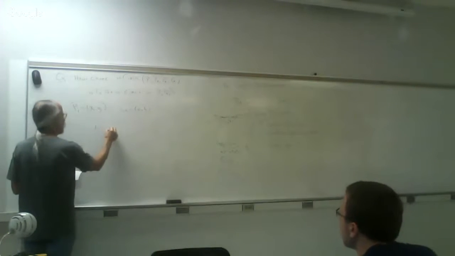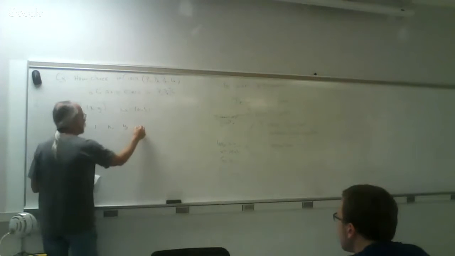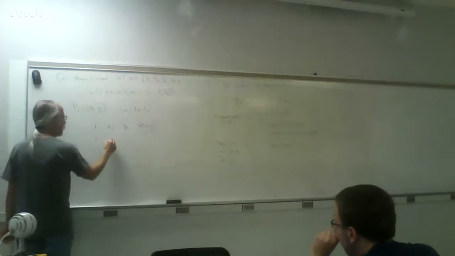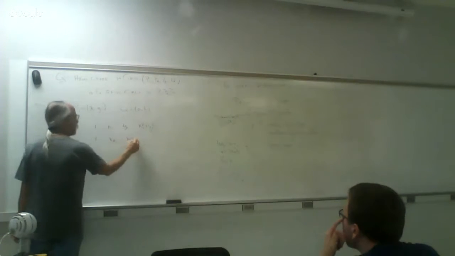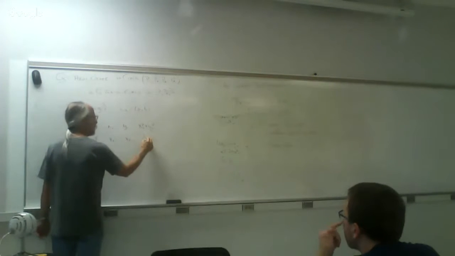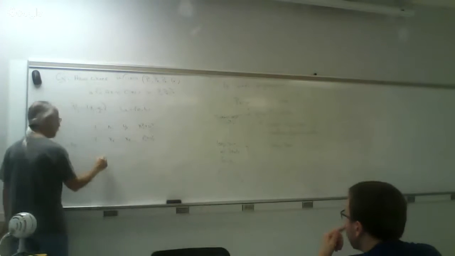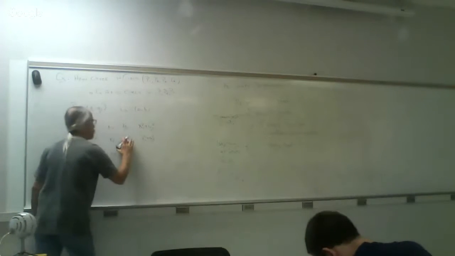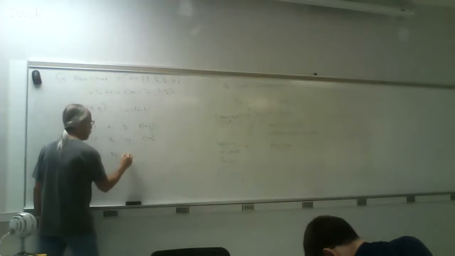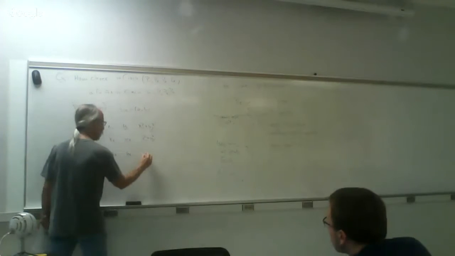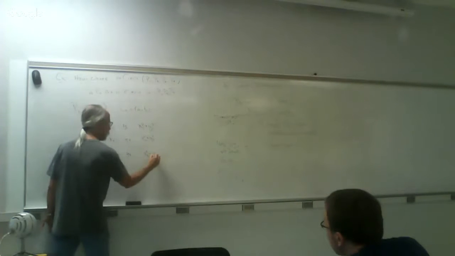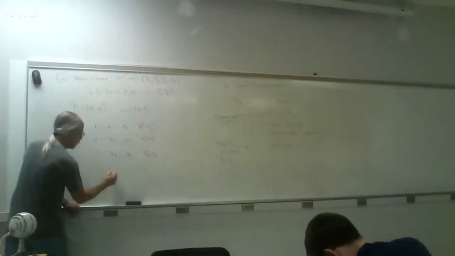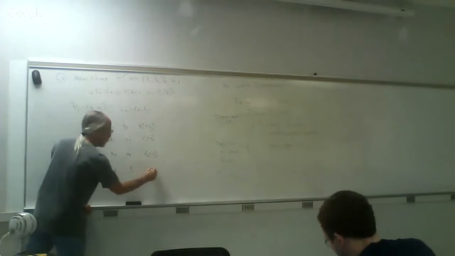So it's 1, x1, y1, and then x1 squared plus y1 squared. The second column just repeats that for the second point, and then the third point. And the last column is 1, a, b, a squared plus b squared.